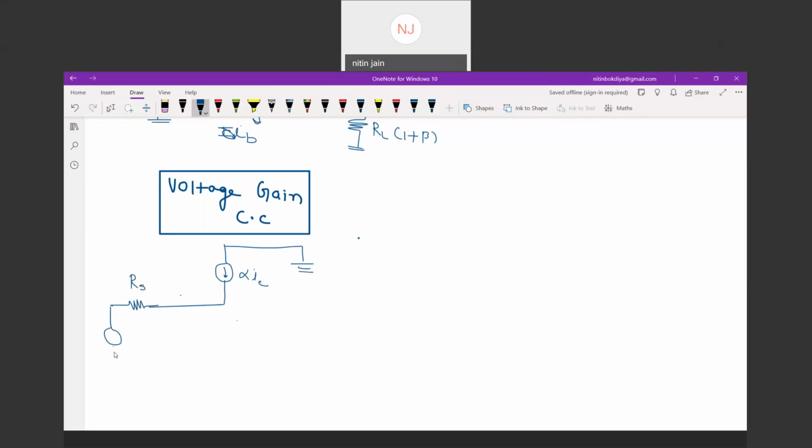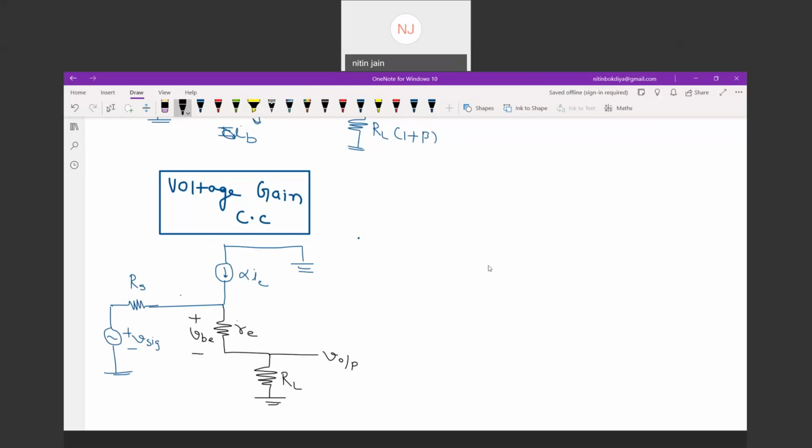This is V signal. This is re. And this is RE. This is RL. And from this point we are interested in V output. This is re. This is VBE.